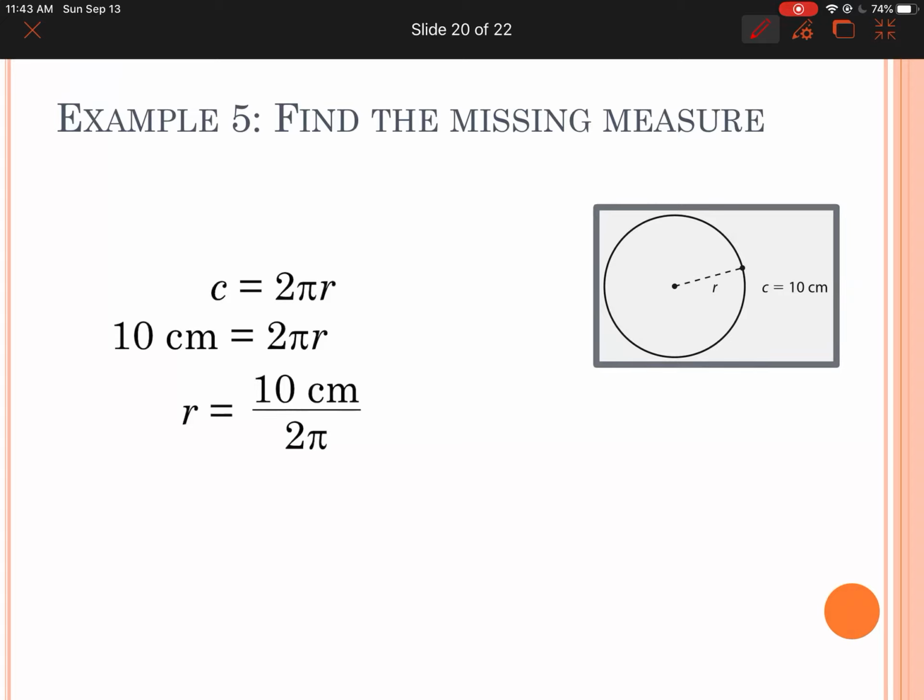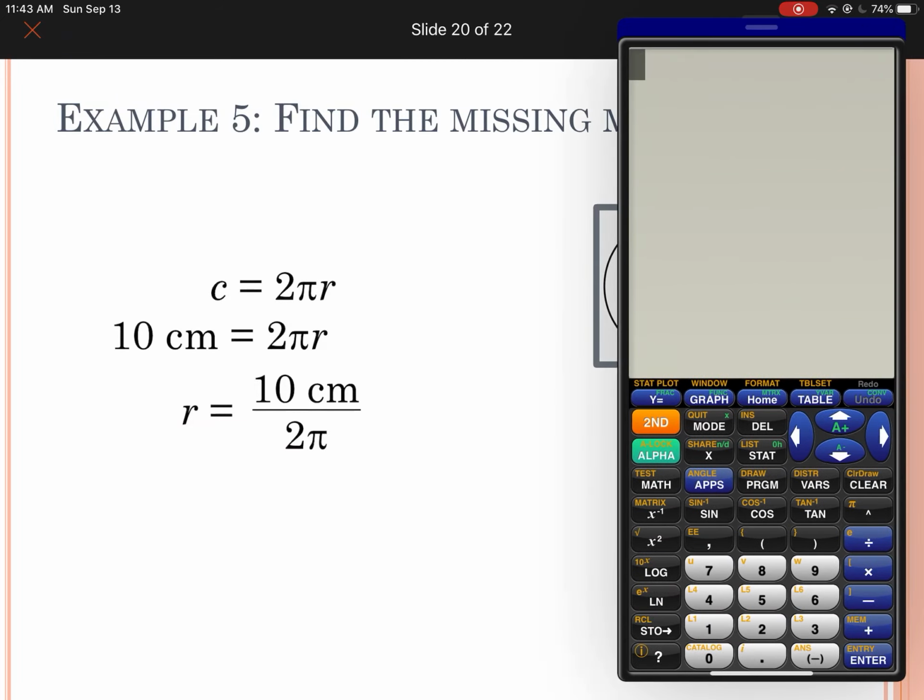So be careful. I want to show you how we do this on our calculator. Do not do, so I'm showing you what's wrong, 10 divided by 2 pi. This will give us the wrong answer because your calculators do the order of operations. So this will do 10 divided by 2 and then multiply that answer by pi. And it says it's 15, which doesn't make sense at all that the radius would be more than the circumference.